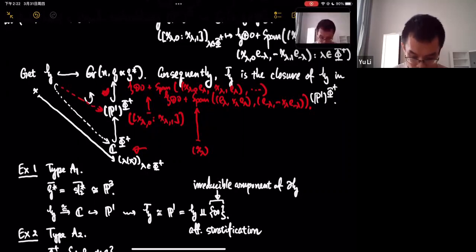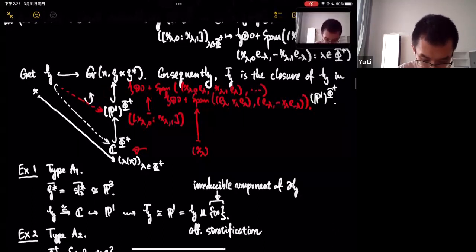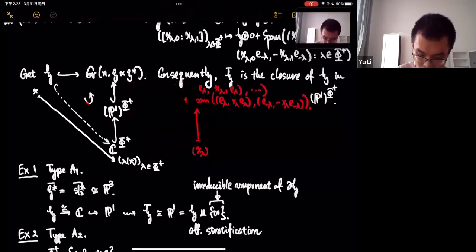Okay, nice. So, examples. I guess the simplest possible example is type A1, in which case the set phi plus consists of one single element. There's only one positive root.